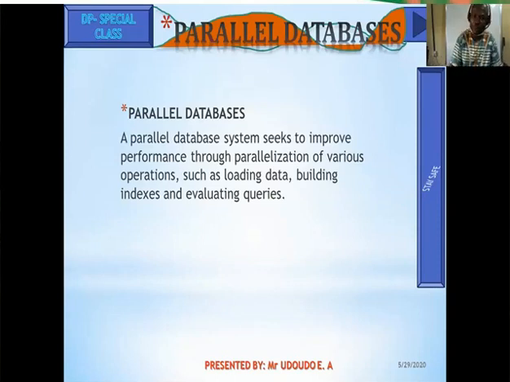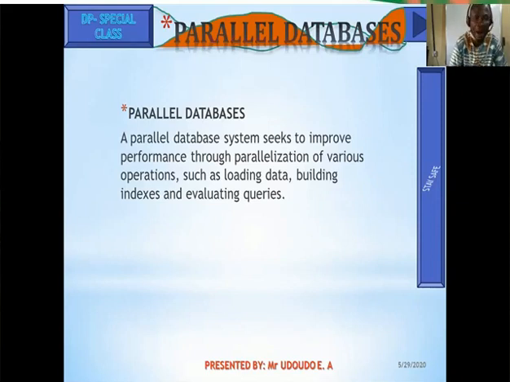Is it possible that 2 operations can be going on without disturbance? Not from a single person, but from maybe 2 persons, 3 persons, carrying out different operations without any problem. Is it also possible that individuals can use different systems at different points and be doing certain things they want to do without any problem, but all of them are still linked up together? This is what we are trying to discuss here.